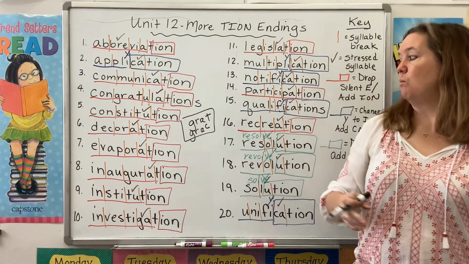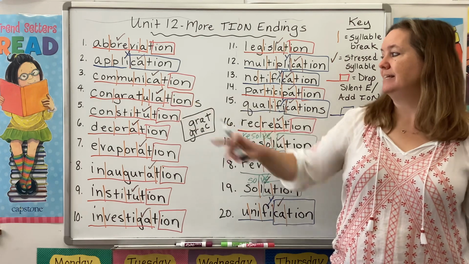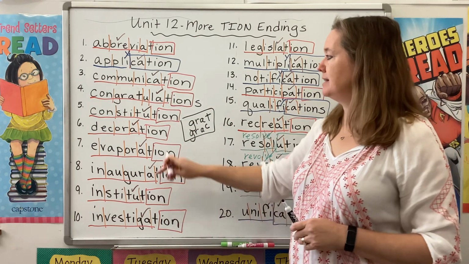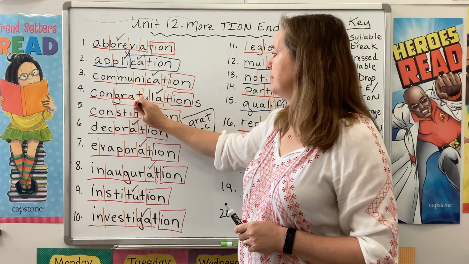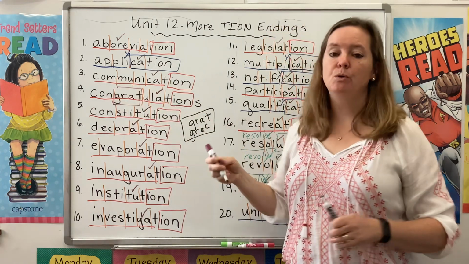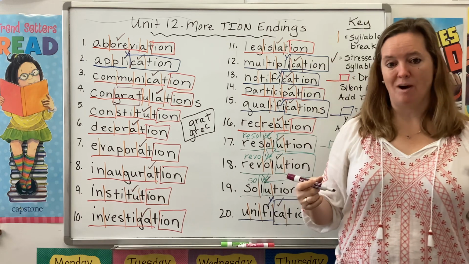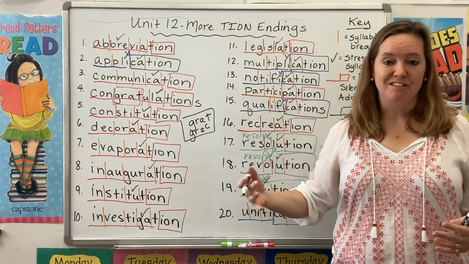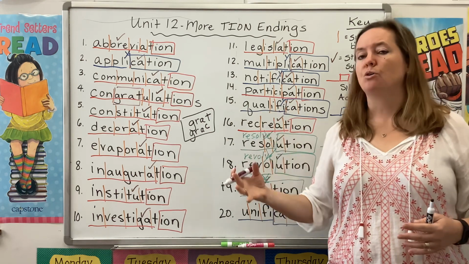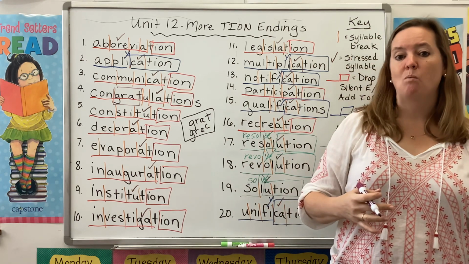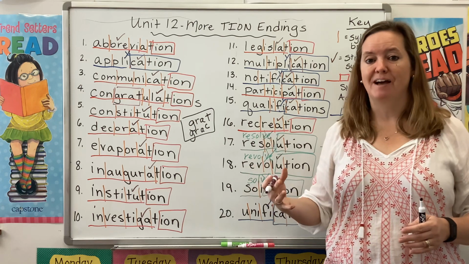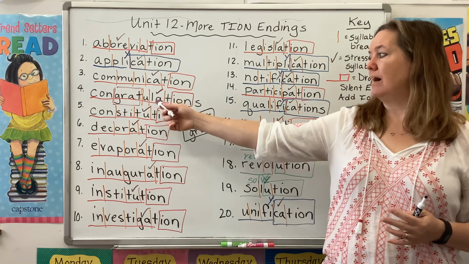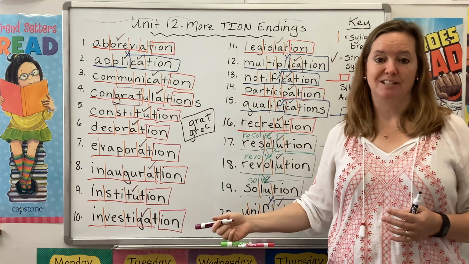Now, one of these roots is hiding in the word congratulations. Do you see it right there? If you congratulate someone, you are showing pleasure for their achievement, right? So they just graduated, or they just won an award, or they just finished a marathon, and you are so pleased for them that you offer them congratulations.